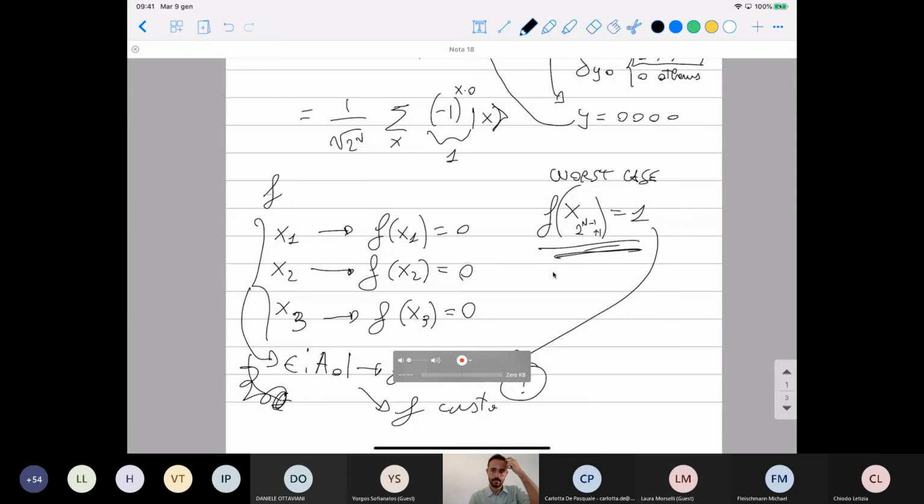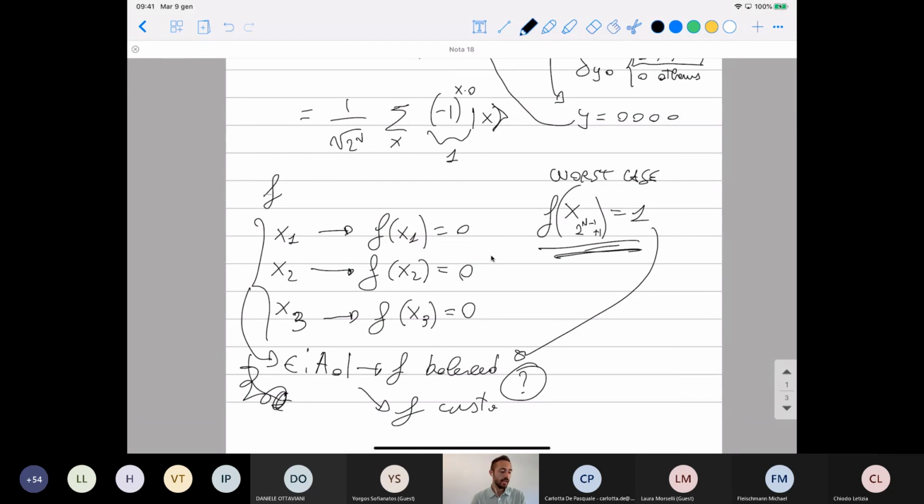Is it clear? Can I go on? Yes, of course, the x are all different. Maybe we will better understand this afternoon with the example on Qiskit.